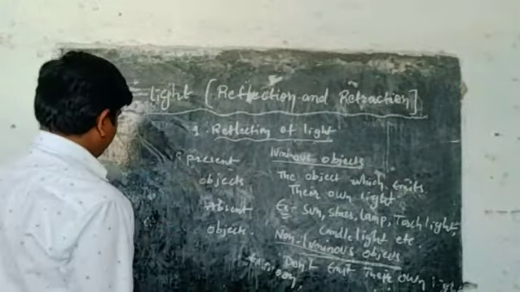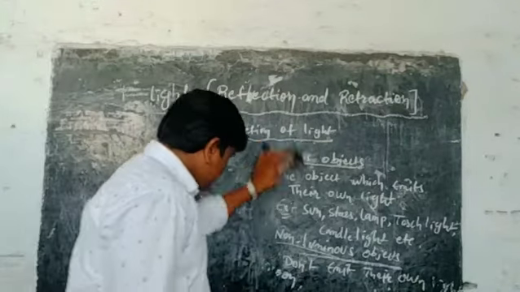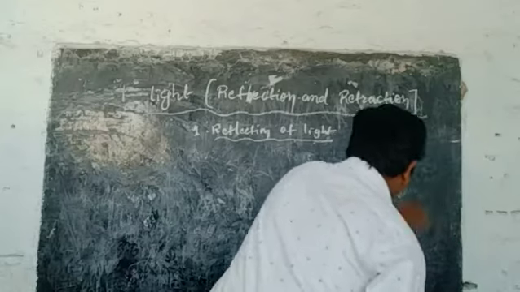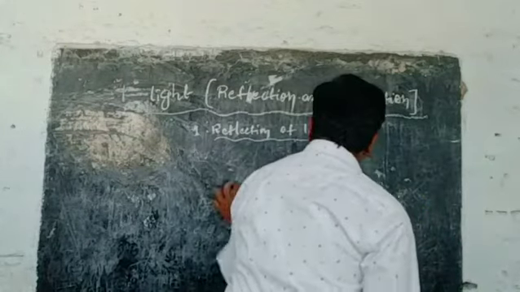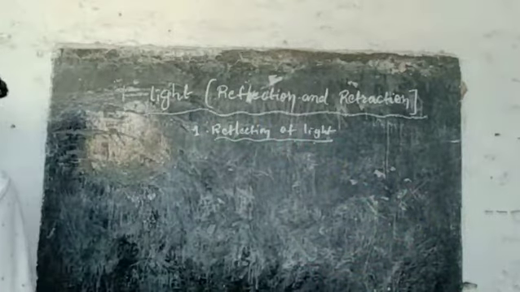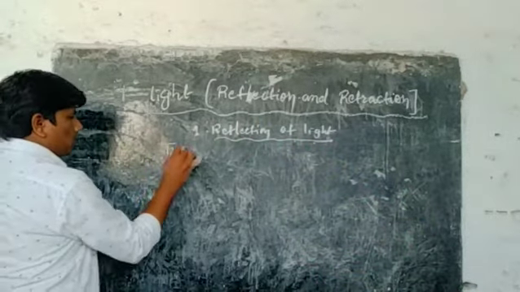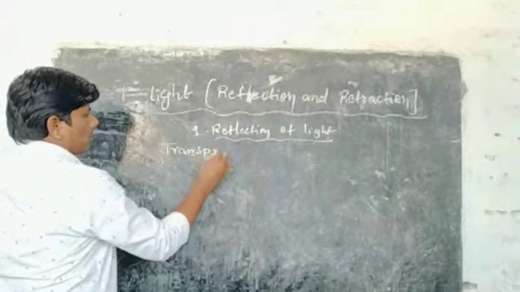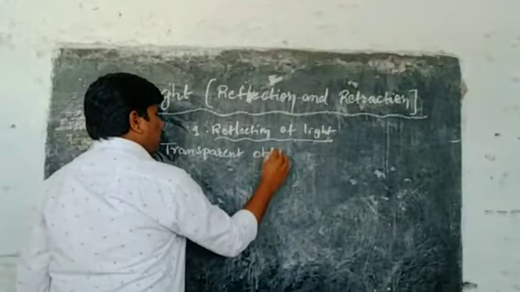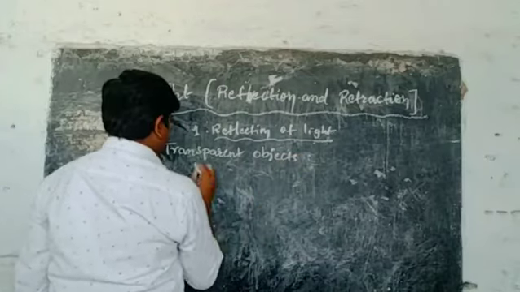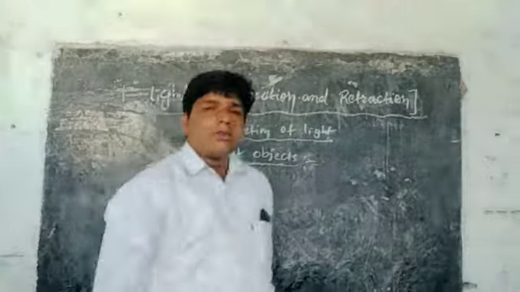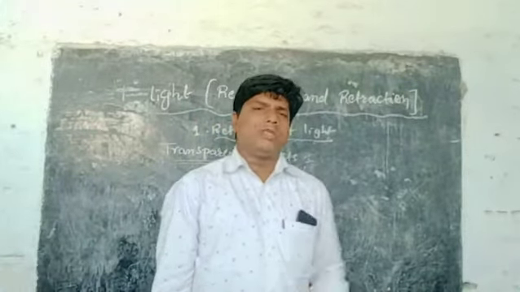Transparent objects. The objects which allow light through them.